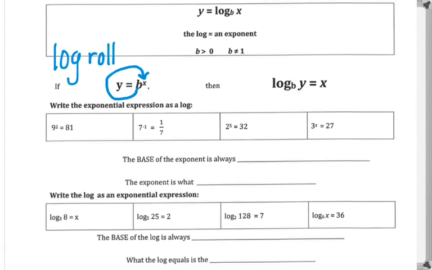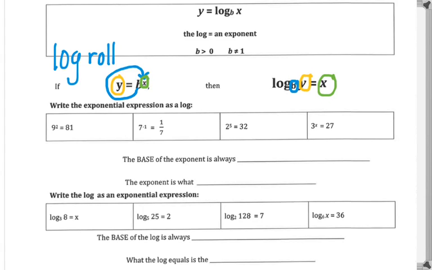So you start at the base. Your base is going to be the same in both of them. You go around the equal sign. The next thing that you see is the y, so that's the next thing you write when you do your log, and then you land back where you started. The last thing you see will be your exponent. So if you use the log roll, you'll be able to change from an exponential to a logarithmic.